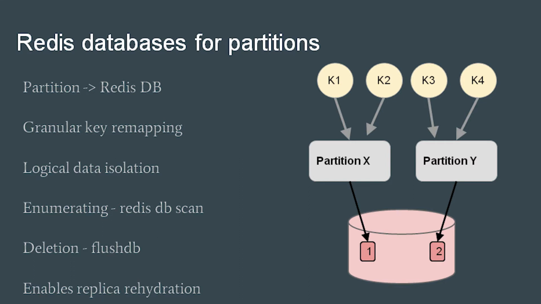I want to talk a little bit about Redis databases for partitions, how we use Redis DBs to store data of our partitions. In our Nighthawk cluster, every partition is not just associated with a Redis node, but with a specific Redis database. In this example, partition X and partition Y are mapped to the same Redis node here.